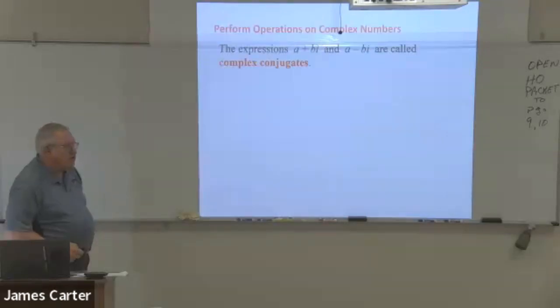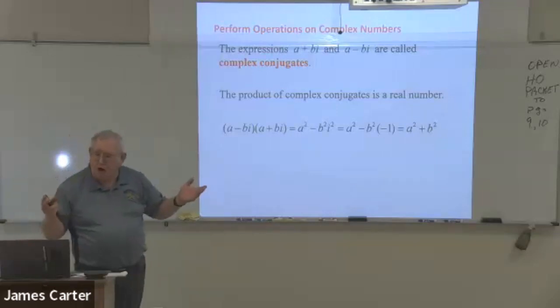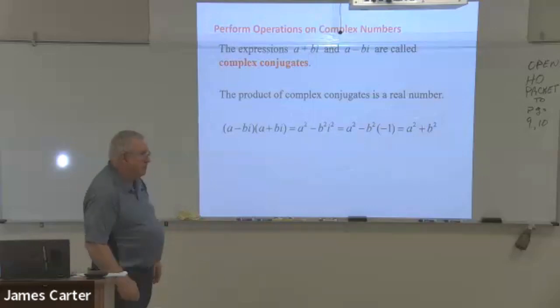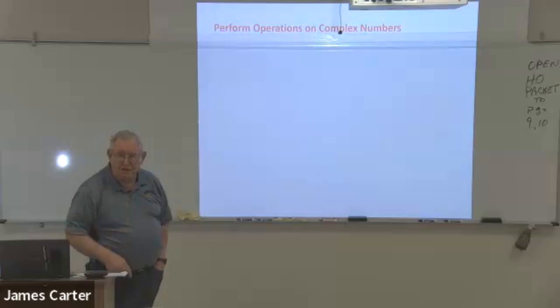Again, all conjugates. The product of complex conjugates is always going to be a real number. All the i's will drop out. That's all that's saying, because those middle terms will be opposites and cancel.